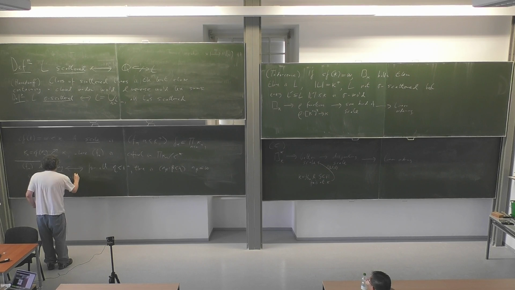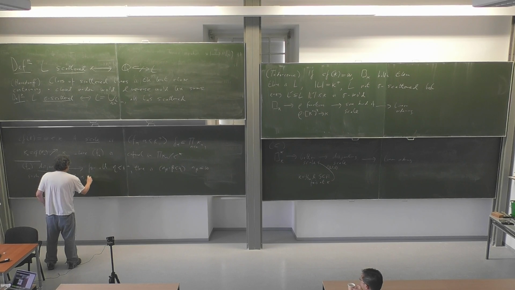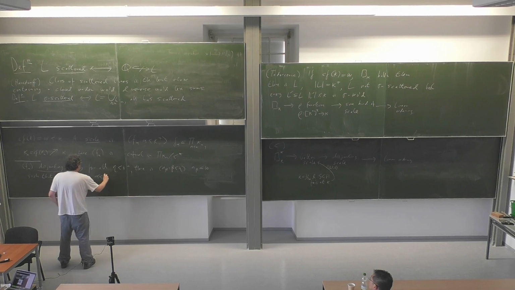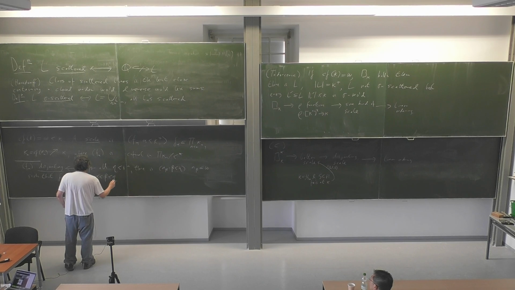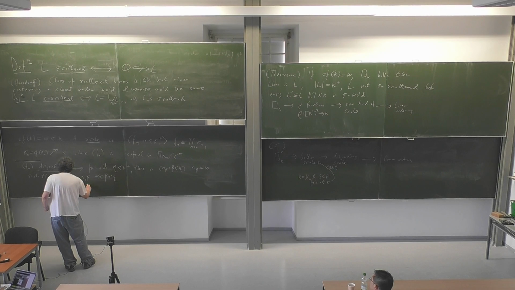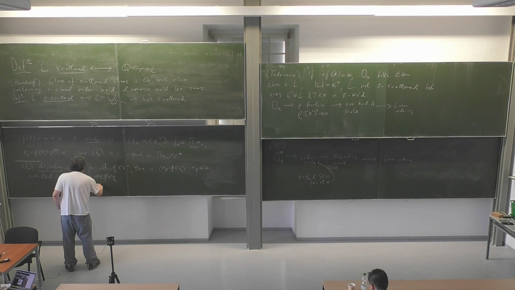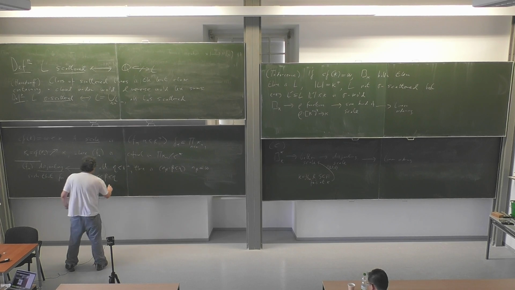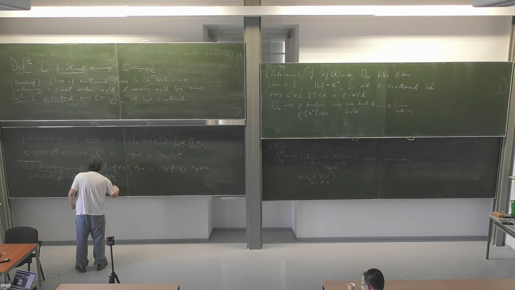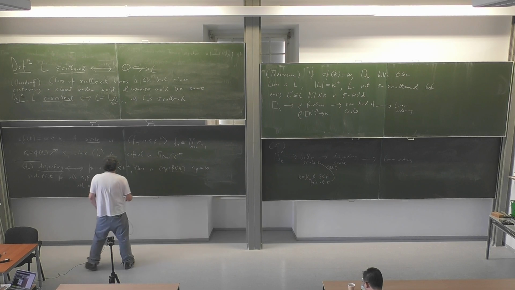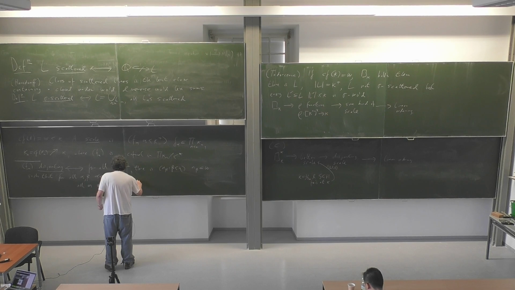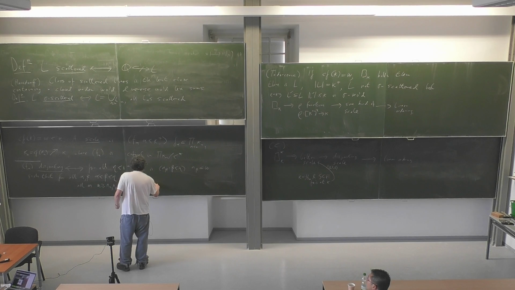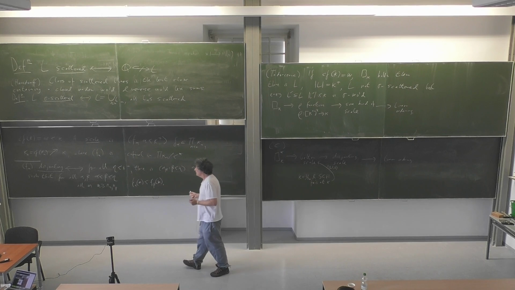for all alpha, beta, alpha less than beta less than eta, and for all m greater than or equal to n alpha, n beta, f alpha of m is less than f beta of m.